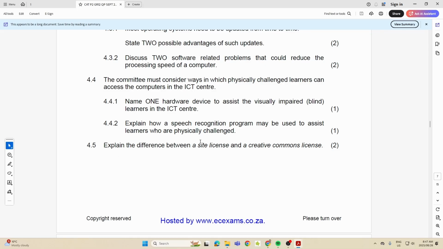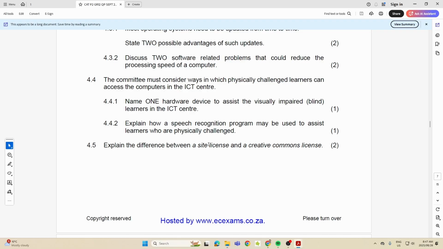Explain the difference between a site license and a Creative Commons license. Now, your site license. This allows a company or a school, and we can use a school, but it pertains to any place. A company or a school, they can then install software on an unlimited number of machines, unlimited number of times.